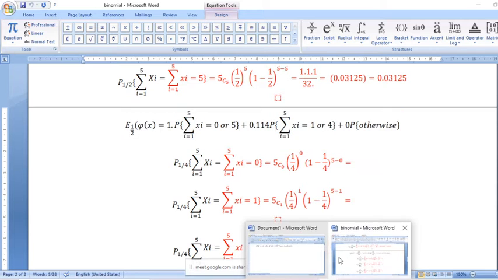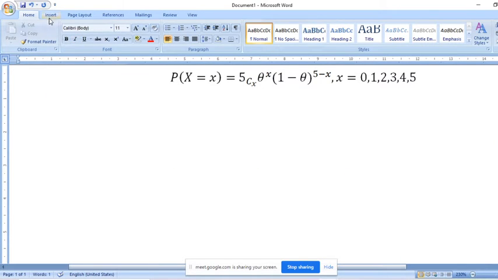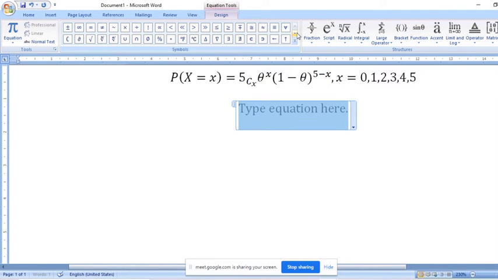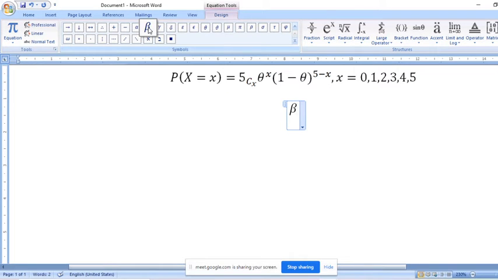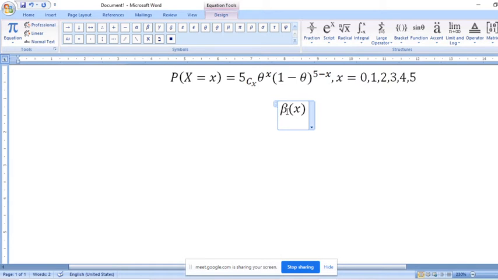Let us define the power function. Beta function, beta of theta, under the alternative hypothesis.